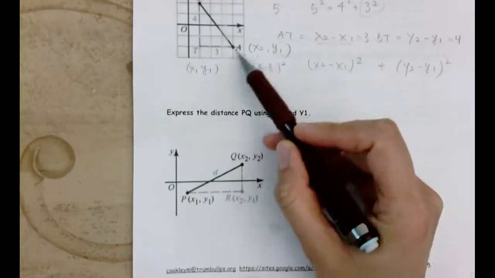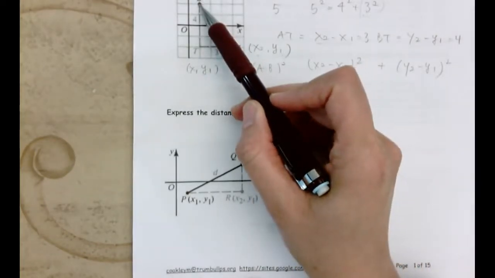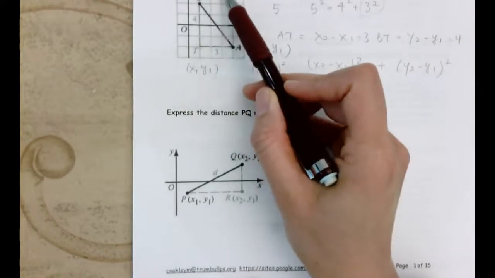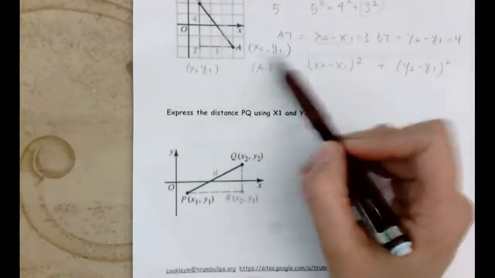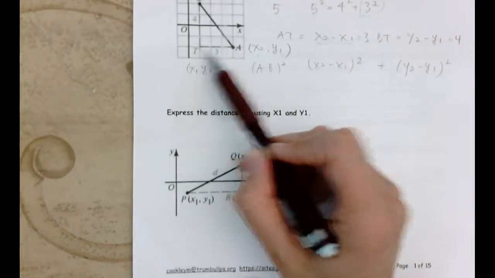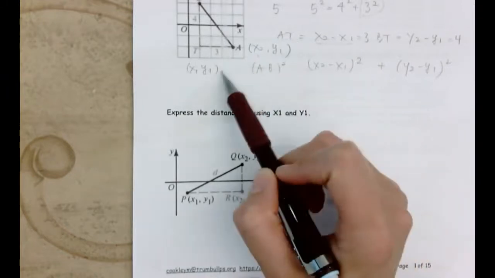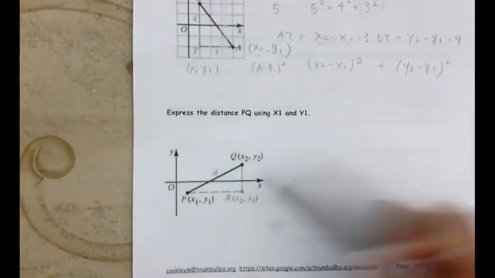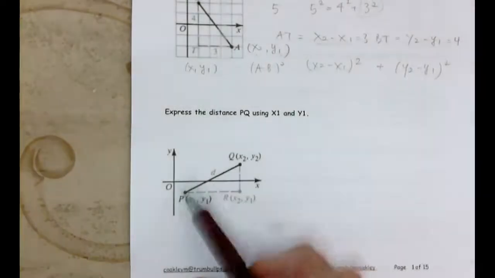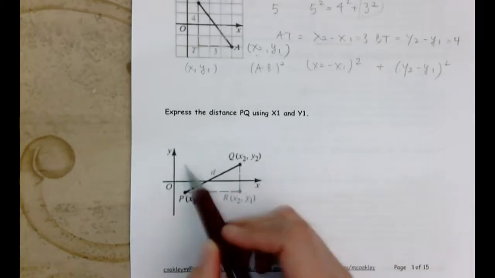Oh, wait. This is x1 and y2. Okay, there's something wrong. x1 and x2 and y1. Fine, because this line is going up this way instead of this, it's a little bit different.